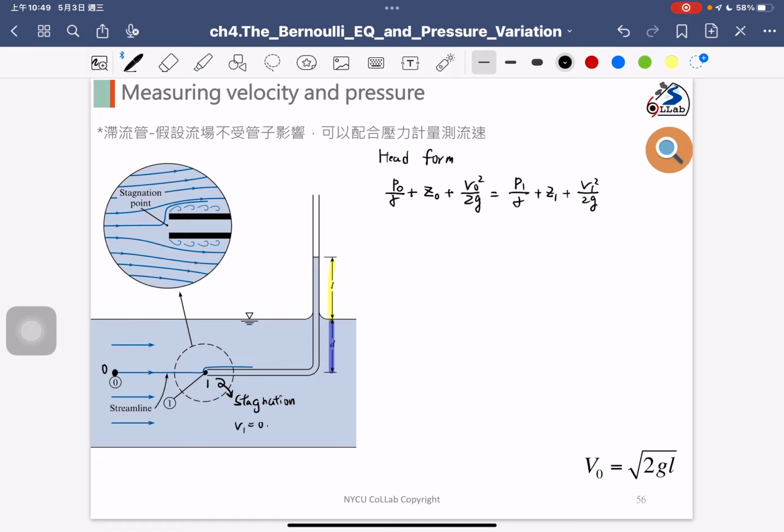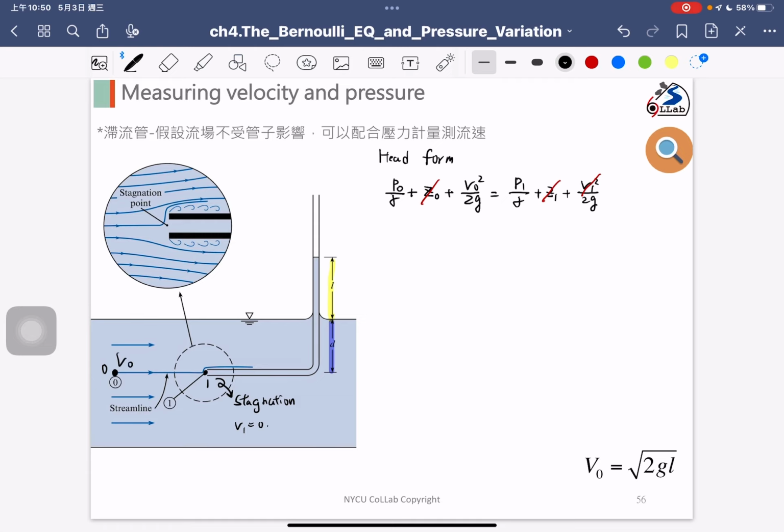Initially we certainly know the elevations Z0 and Z1 are the same, so we can quickly cancel out the same elevation. And then we know V1 is at the stagnation point, so we don't have the V1 squared term. Our purpose is to find how large V0 is in the flow field.